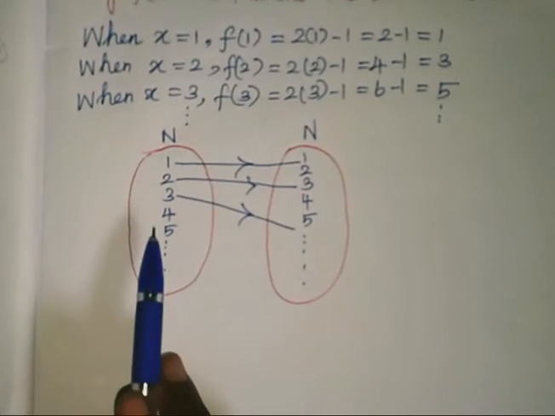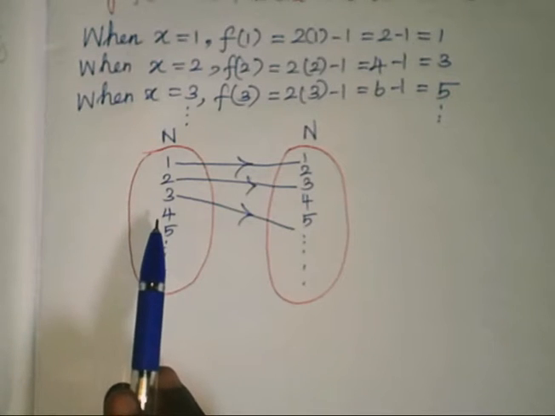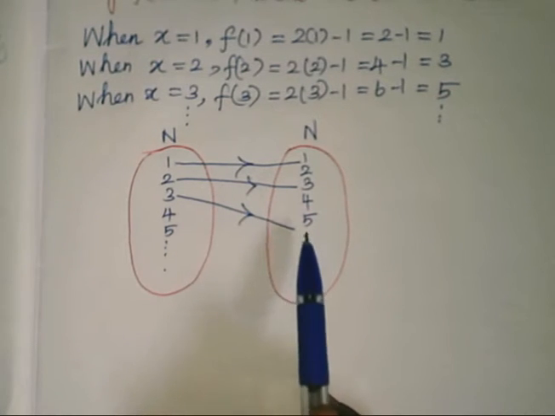Here every element in the domain has a unique image in the codomain.